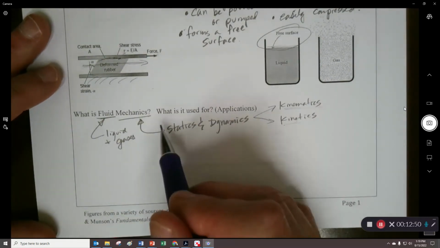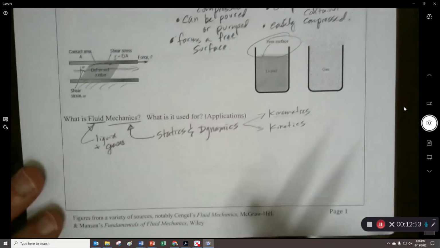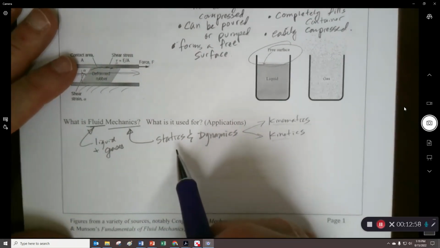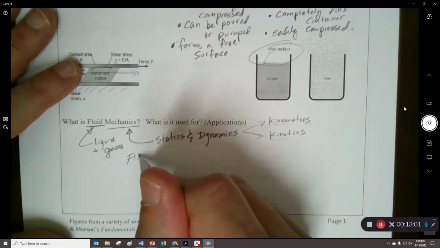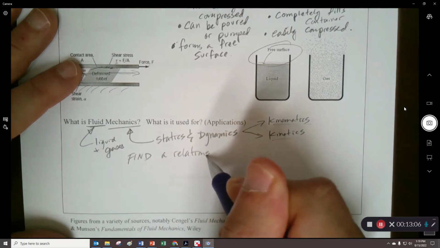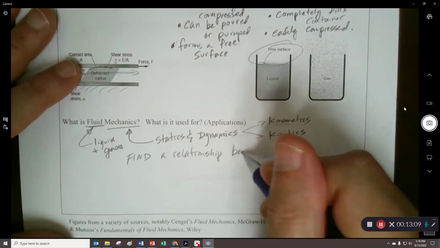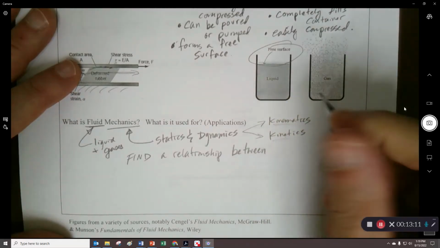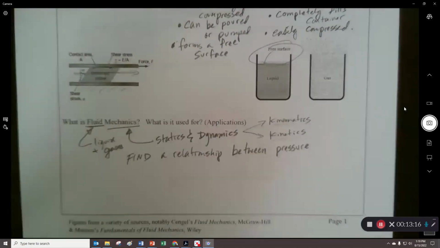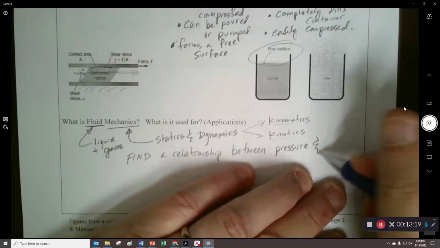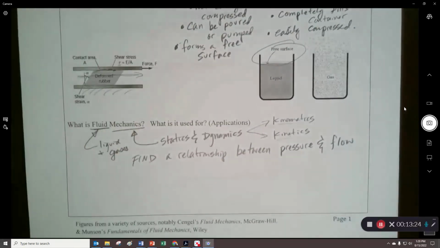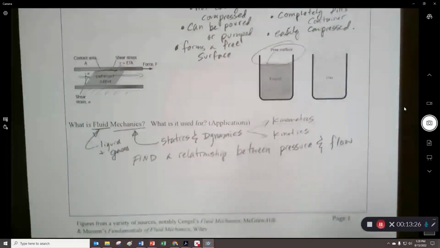All right, there are many different aspects, but at the heart of fluid mechanics is trying to find a relationship between pressure, which we can think of as a force, since force over area is pressure, and flow, which we can also think of as velocity, because we describe how the velocity of particles is moving.